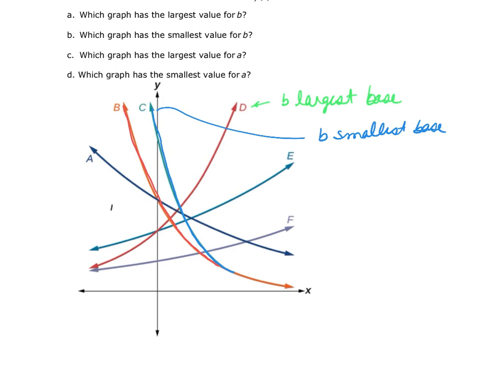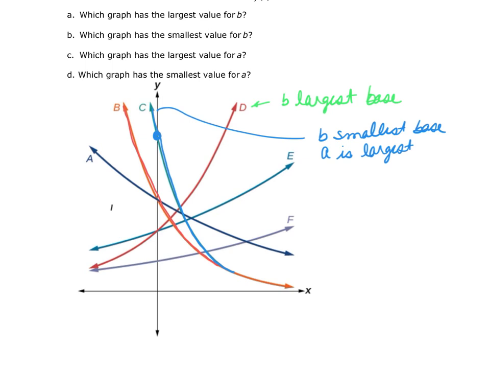And so the steepest curve happens to be the one that has the smallest base. So A is the largest because it has the steepest incline and also has the highest y-intercept, because we are not moving left to right, up or down. We are just doing that vertical shrink or stretch.